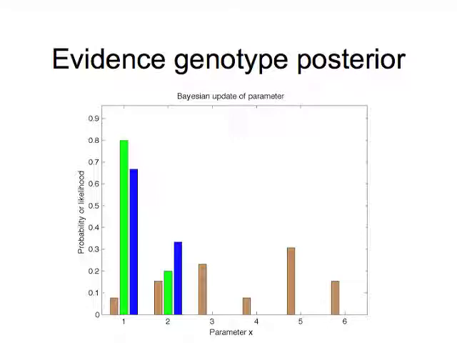Notice how the blue probability bars for the first two allele pairs are no longer proportional to their prior probabilities shown in brown. This is because we're not using a list-based method, but we're using all of the available quantitative data. If the suspect had the first allele pair, then the likelihood ratio here would be the ratio of the height, the probability of the blue bar, the evidence genotype posterior value at that allele pair, divided by the brown bar on its left, which is the prior genotype probability.